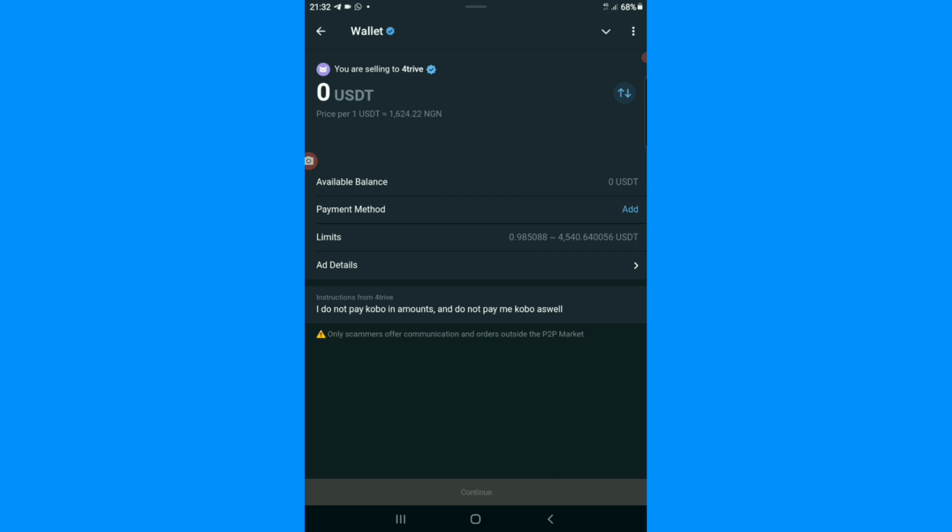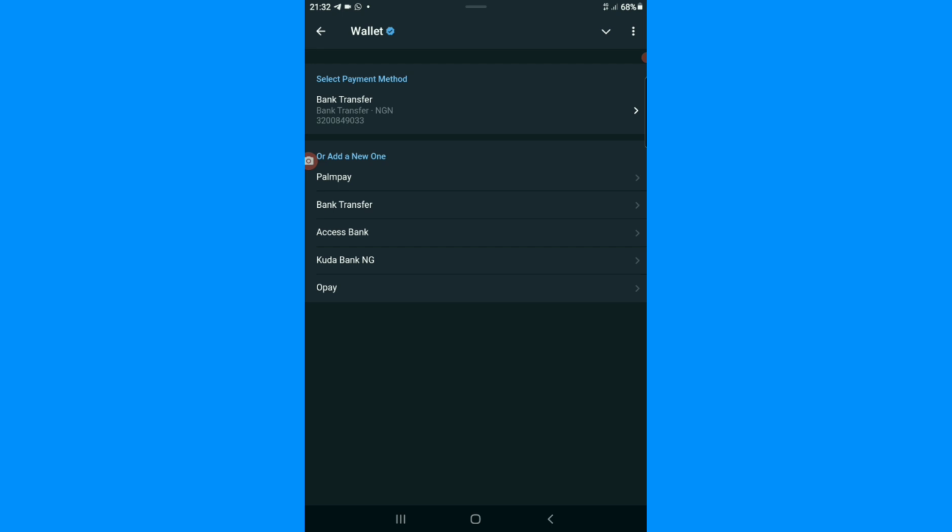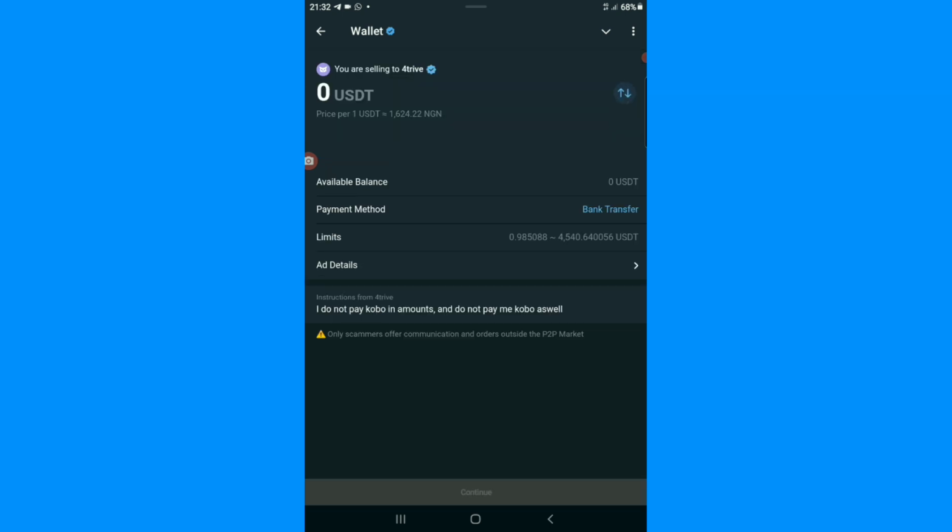So you have to enter your amount of USDT, then add the payment method. Remember I used bank transfer. When you tap on bank transfer, it will bring a space for you to enter your bank account. I already have my bank account on this Telegram wallet. That is why it's being signified here. I just have to tap on it now.